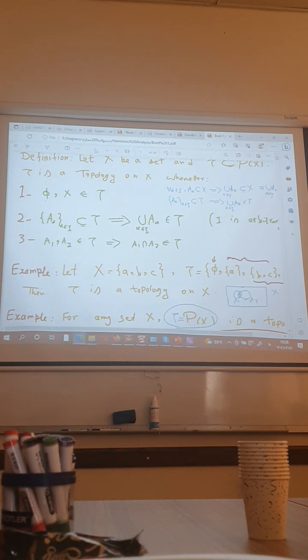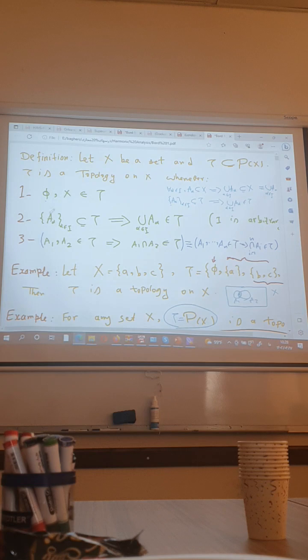This condition is equal to: for any finite number, for example A1, ..., An in tau, the intersection of Ai, i from 1 to n, belongs to tau, okay? These two are the same.